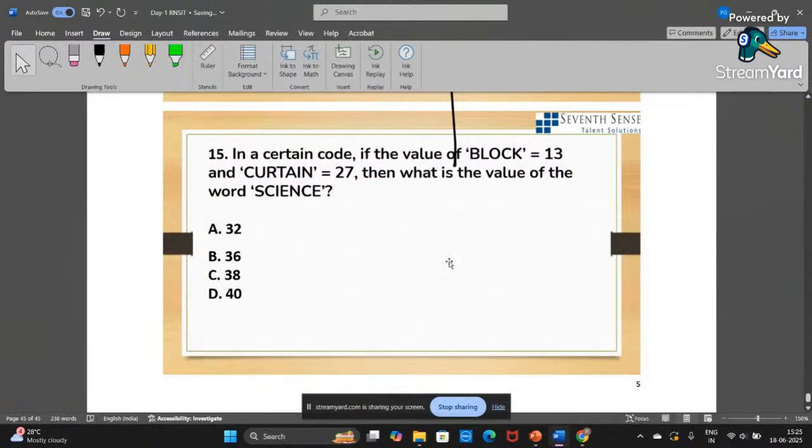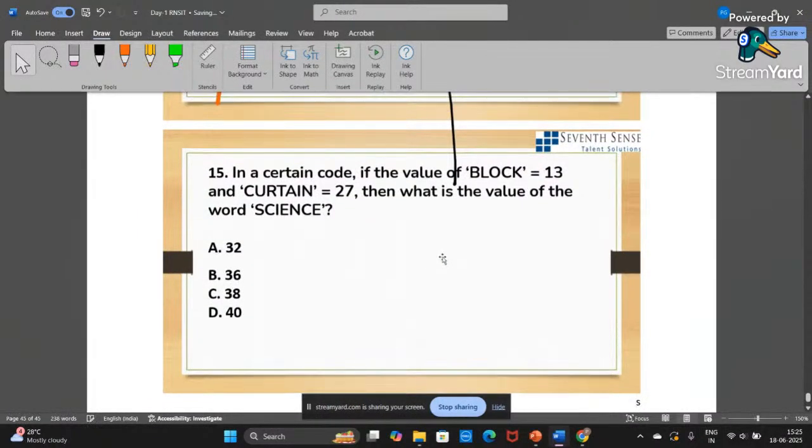Take this. Find the answer for this. First, you need to decode how the word block is given as 13, and how the word curtain is given as 27. First, you have to apply the logic and it has to satisfy both the conditions for block and curtain.